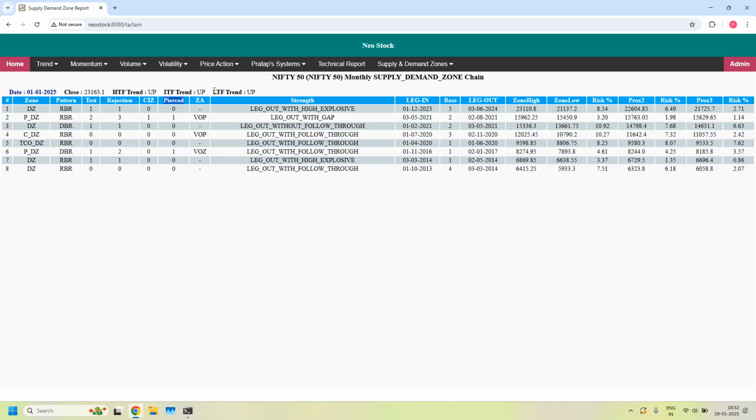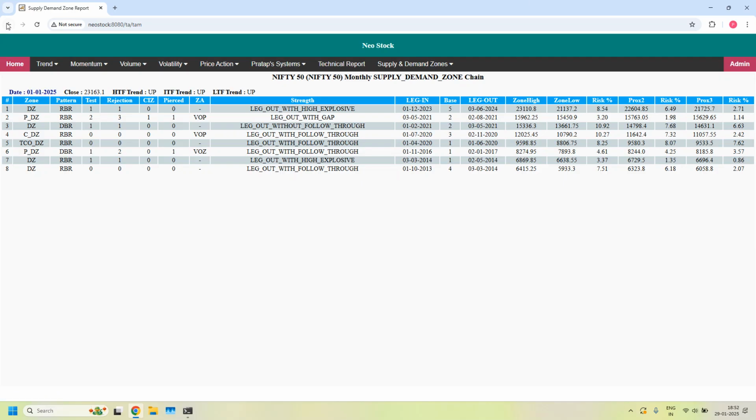And always look into the LTF trend to find the trend of the current time frame you have selected. And the remaining are one time frame higher and one more time frame higher, LTF, ITF. This is the way you apply the same rules for the remaining reports. Remaining time frame reports for Nifty and Bank Nifty supply demand zone chain.